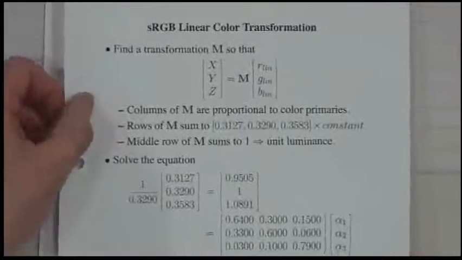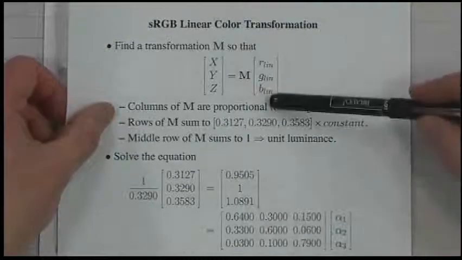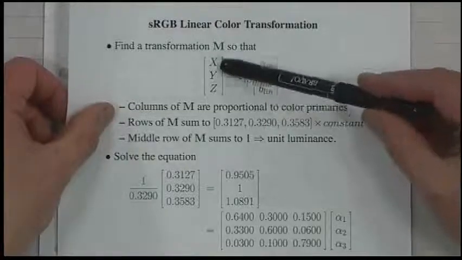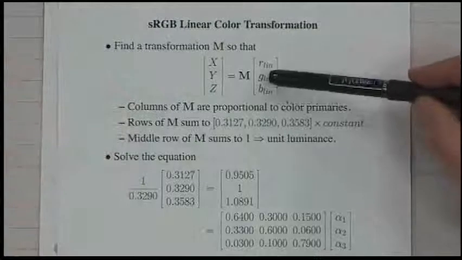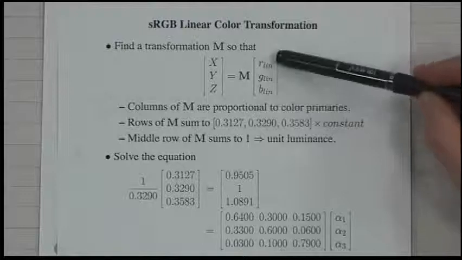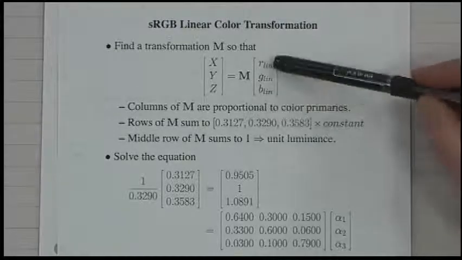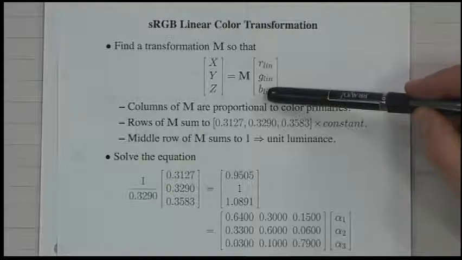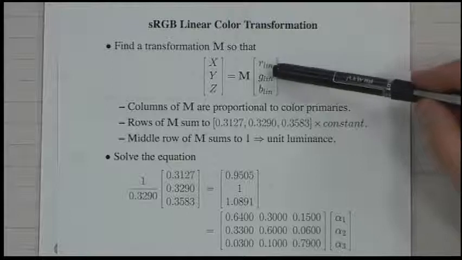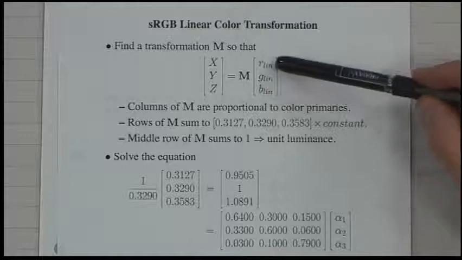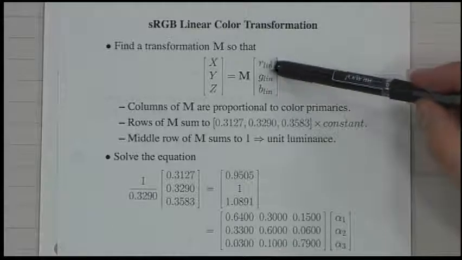Okay. So this is how you did the calculation of the transform from linear RGB in the sRGB color space to XYZ. So when I say sRGB color space, I mean these are just linear RGB, which means they're linear in energy, and that RGB equal to a constant has a chromaticity corresponding to D65, and that each individual R, G, and B component corresponds to the 709 color primaries.